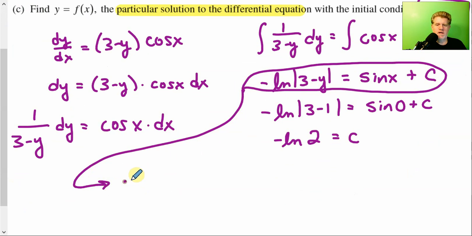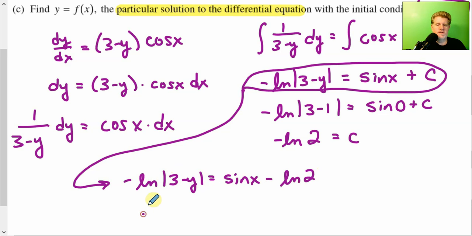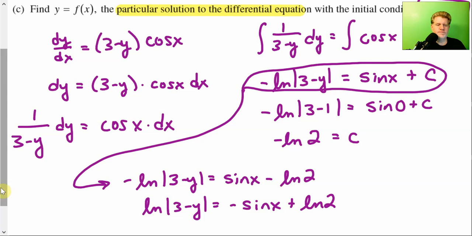So I'm going to rewrite this: the negative natural log of 3 minus y equals sine of x minus the natural log of 2. Well, I'll do everything with a negative. So we'll get the natural log of 3 minus y equals negative sine of x plus the natural log of 2.